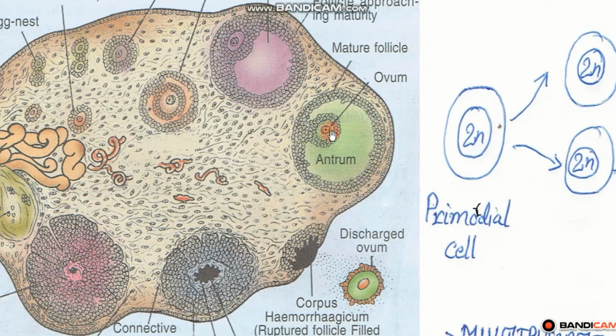Now this ovum is matured. This ovum is formed, and it needs to be released from the ovary. After some days, this follicle structure will release this ovum outside the ovary.